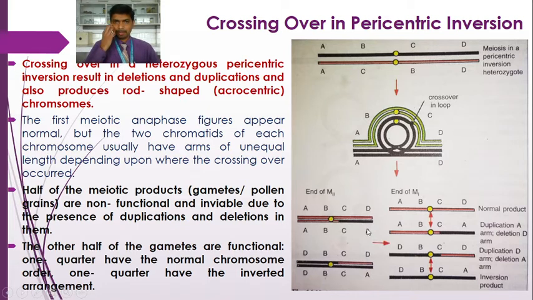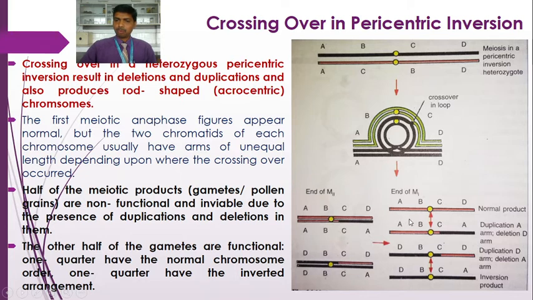So as a result of crossing over in a pericentric inversion heterozygote, one normal product has been formed, two are deleted and duplicated, and one is the inversion product. So half of the meiotic products are non-functional and inviable due to the presence of duplication and deletion in them, while the other half of the gametes are functional. One quarter have the normal chromosome while one quarter have the inverted arrangement.